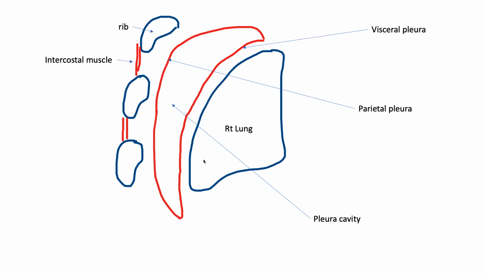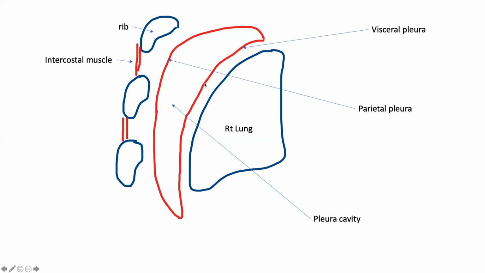The pleura which covers the lung is called visceral pleura, and the pleura which covers the thoracic wall is called parietal pleura. So I hope you remember these names: visceral pleura and parietal pleura.